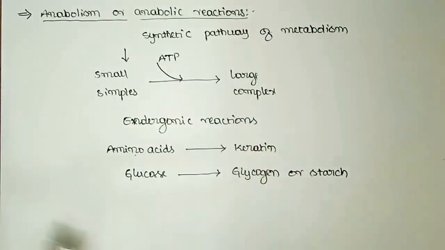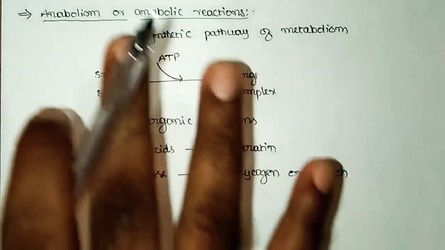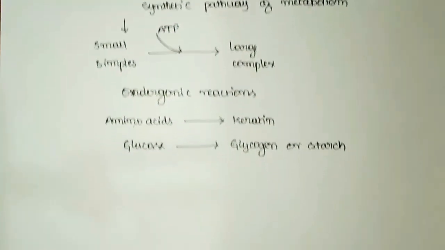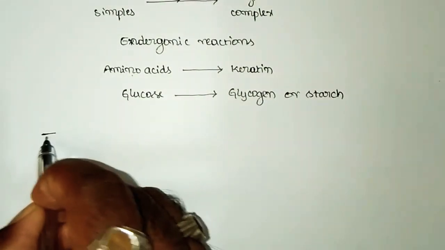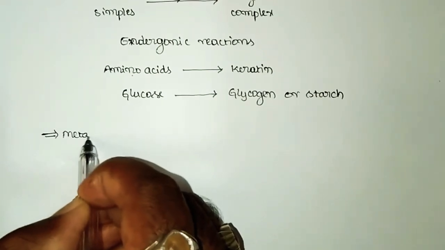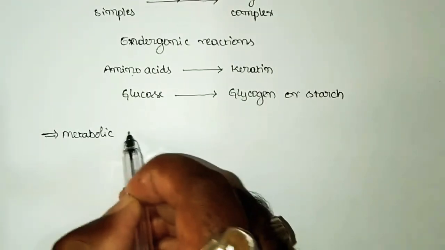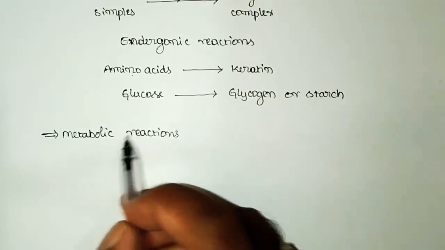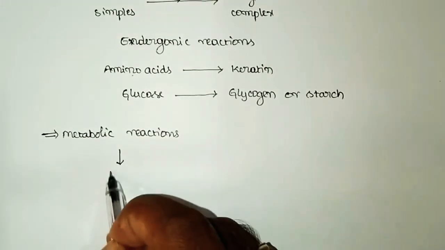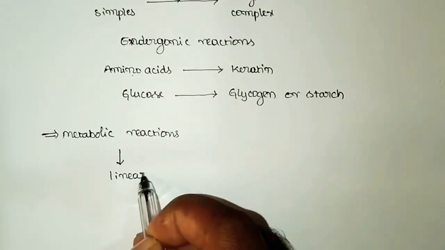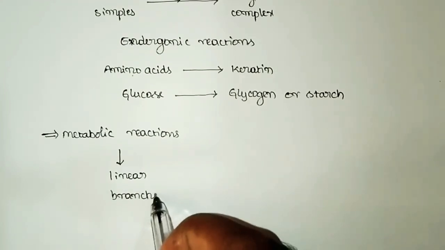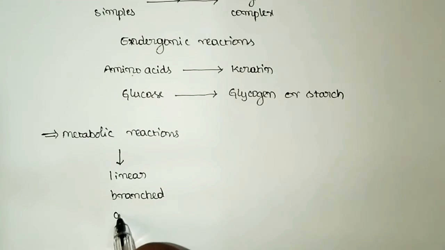And if you consider the whole of the reactions of both catabolism and anabolism, the metabolic reactions, if you observe, may be linear, or they may be branched, or in some cases the metabolic reactions are cyclic.